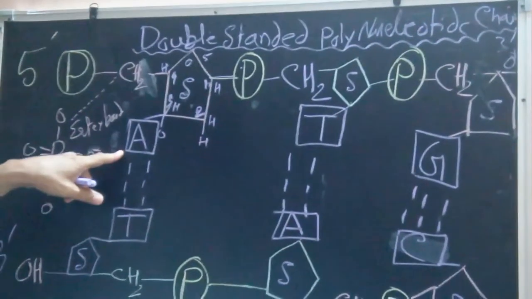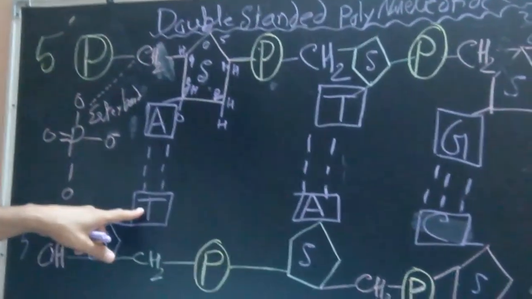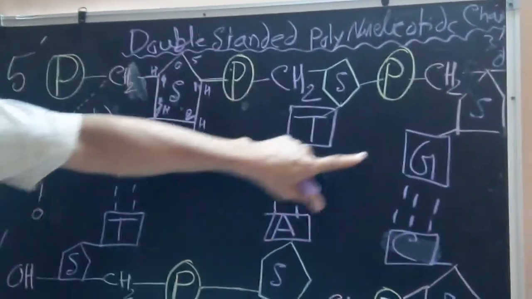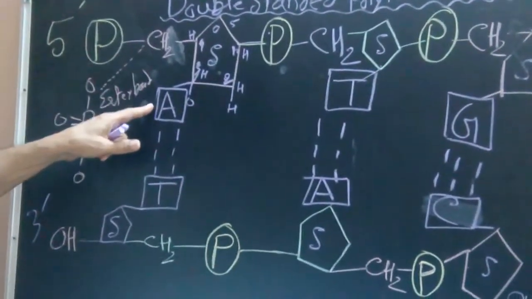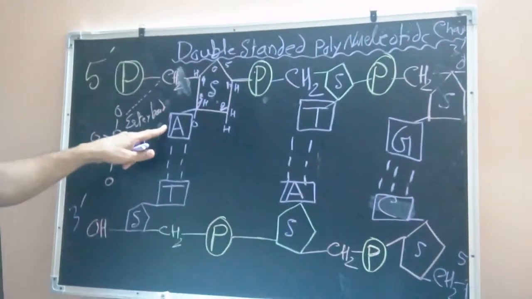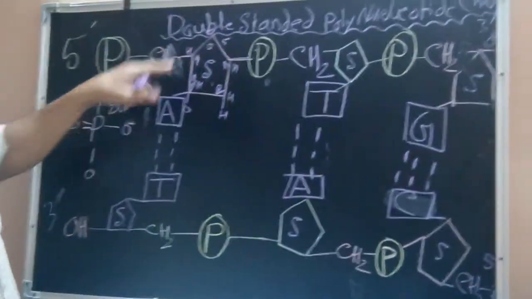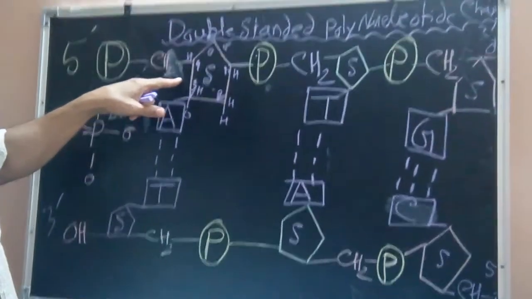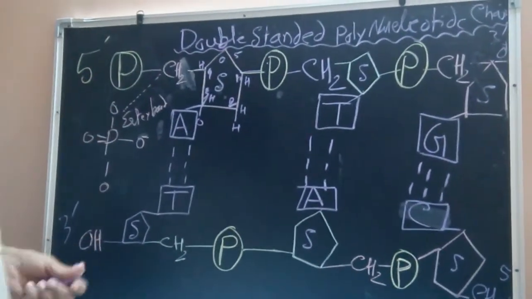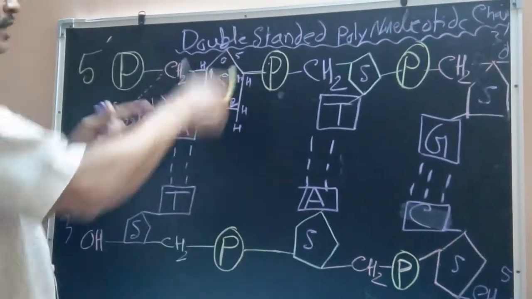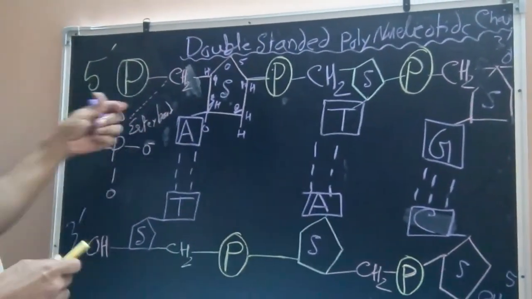Yes, adenine, thymine, adenine, guanine, cytosine. Next will be another one. Simple. We need a sugar with the nitrogenous base. This is pentose sugar. So carbon is present only within it. So there is a 5'.